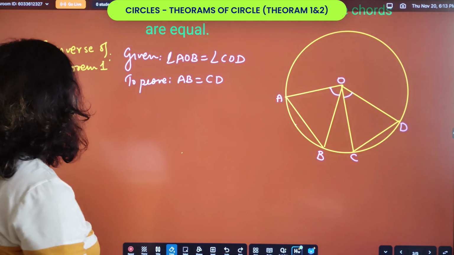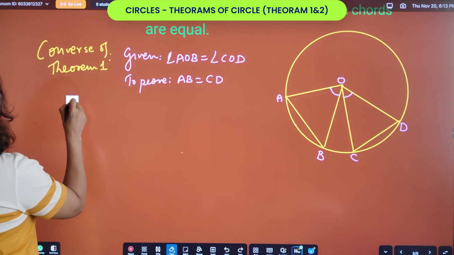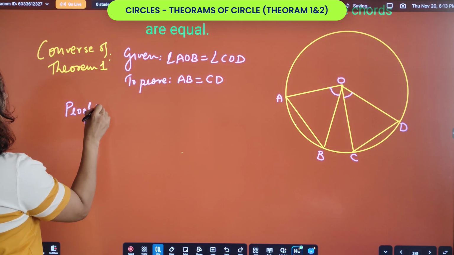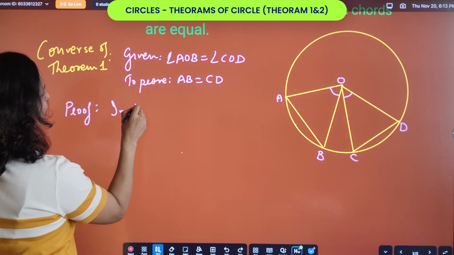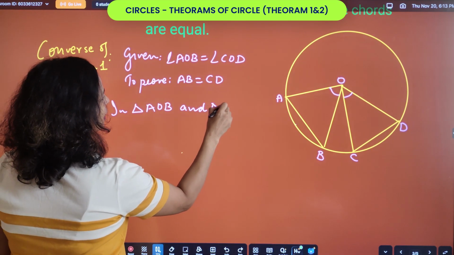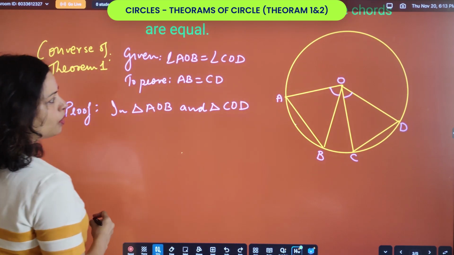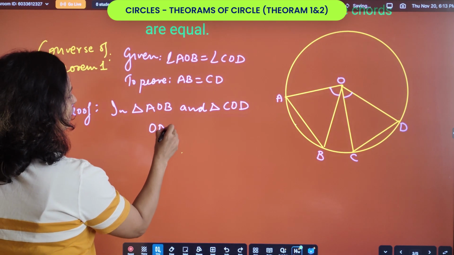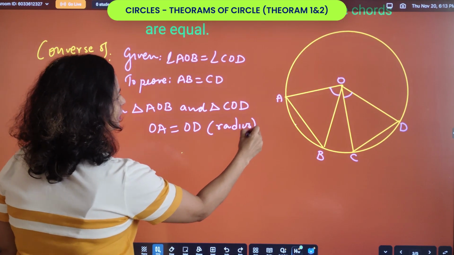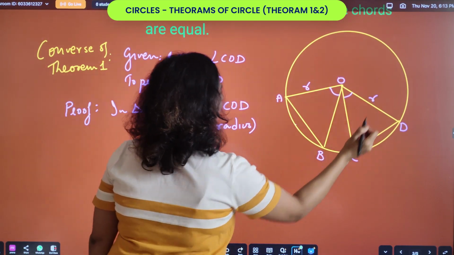So here also we will do the congruency. We will take the same triangle AOB and triangle COD. Again we can write OA is equal to OD because it is a radius of the same circle. This is radius and this is radius.